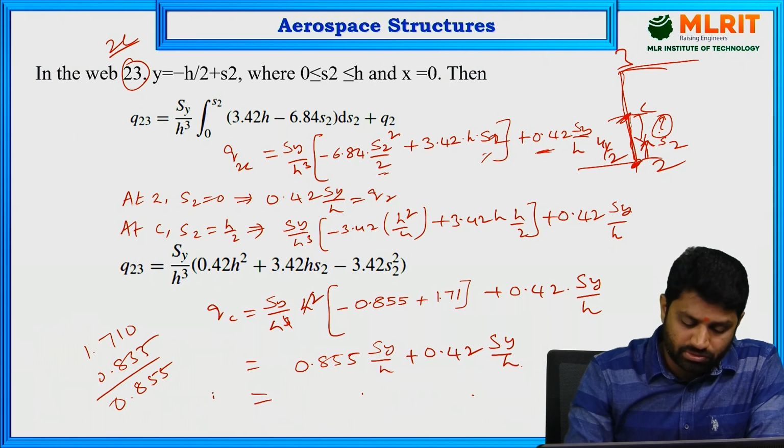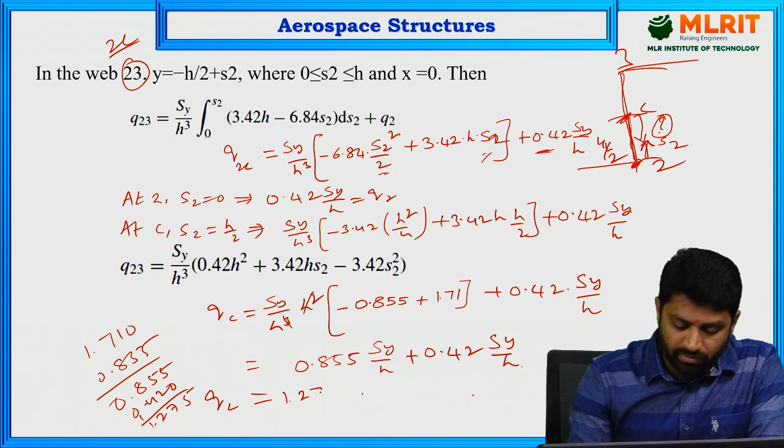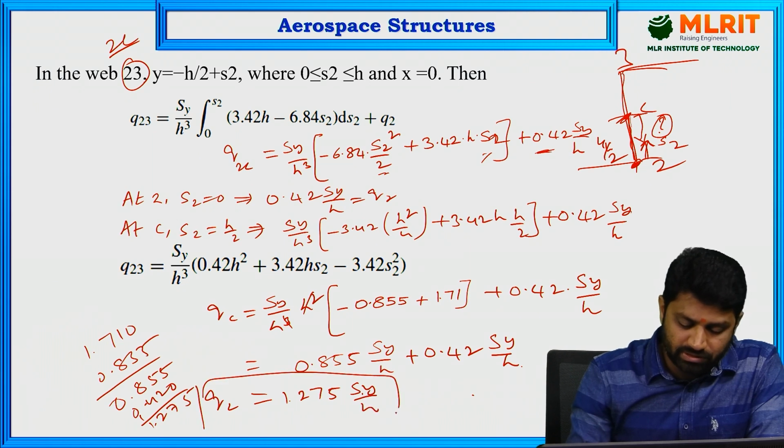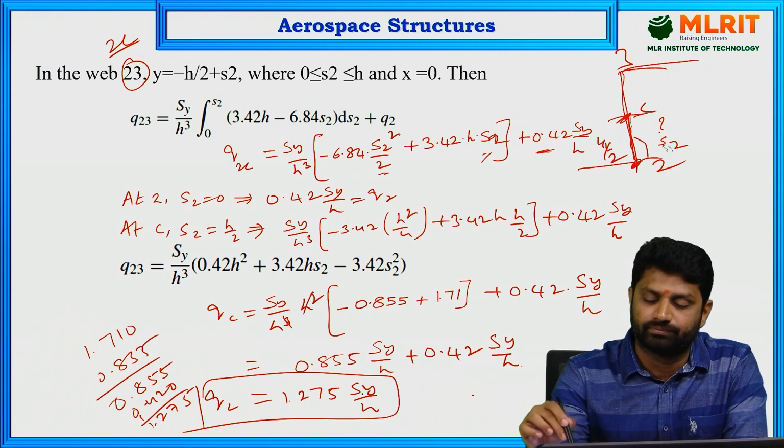Okay, so together at qc you are going to add 0.42 and 0.855. So you are going to get 1.275 Sy by h. So that is qc. Okay, so in the distribution here, how to represent this one?